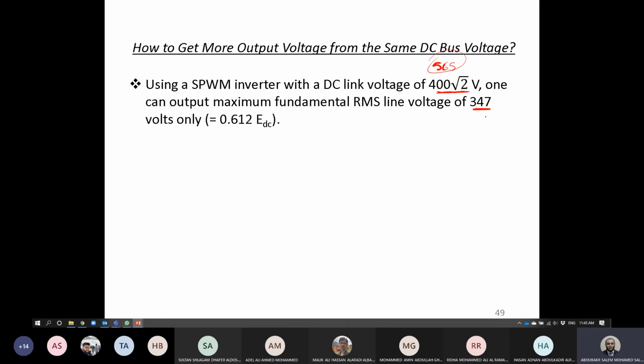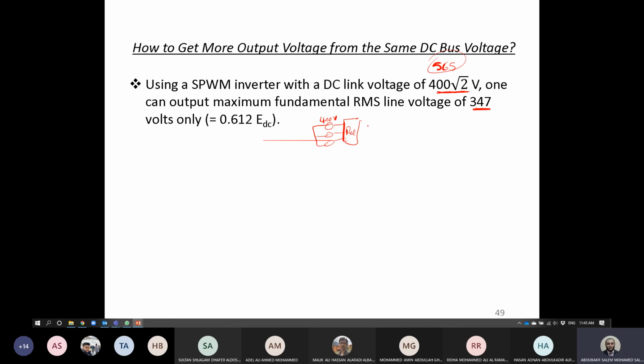Why? As you can see, we applied 400 line to line to the rectifier. We have a rectifier, guys, supplied by 3-phase, 400 volt, 400 line to line.